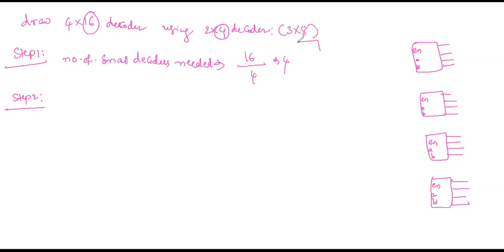So we have to draw 4 by 16 decoder. Inputs are A, B, C, D. Outputs are D15 to D0.